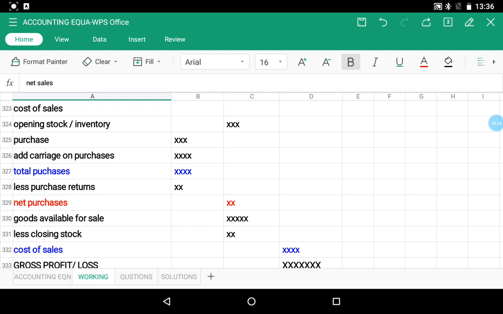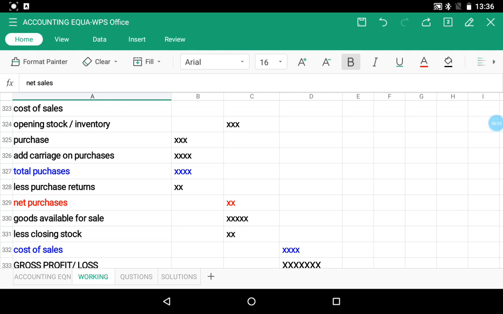Under cost of sales, we get opening stock, add total purchases. But to get total purchases, you get net purchases, that is purchases, goods you have bought to resell. Sometimes if it is a manufactured good, just say goods produced.